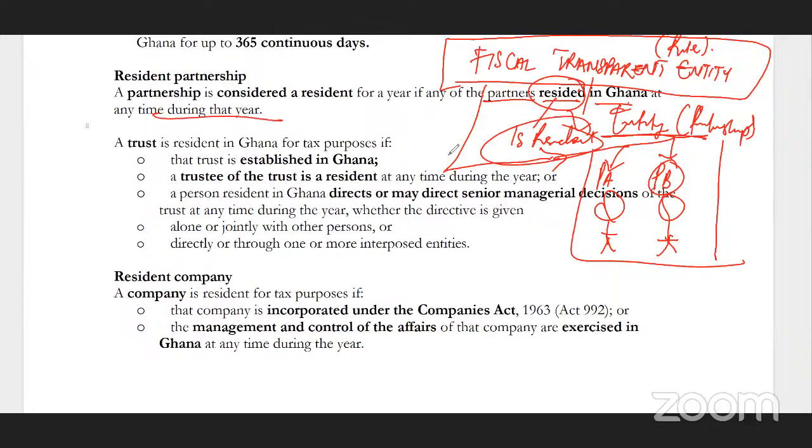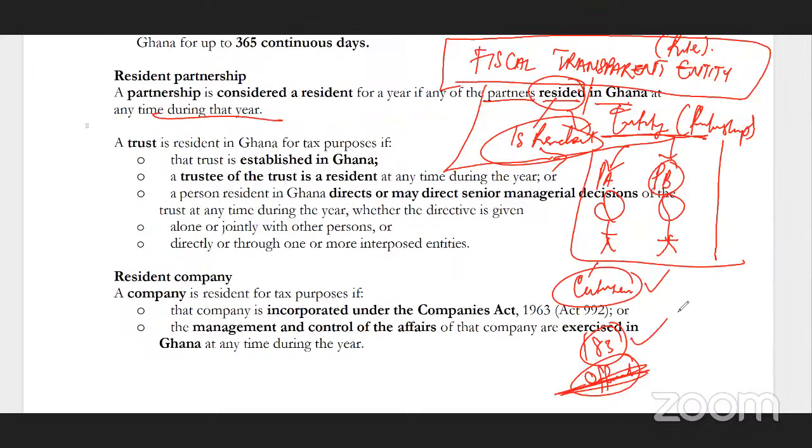Meaning that the rules for individuals apply: either of the partners is a citizen of Ghana who has a permanent home in Ghana or outside Ghana, but didn't stay there for 365 days, right? Or he's a non-resident but stayed 183 days in Ghana during a period in aggregate, commences or ends. Or he was a government official posted abroad. Usually that one does not work because you are talking about partners, so it's between citizenship and 183 days.